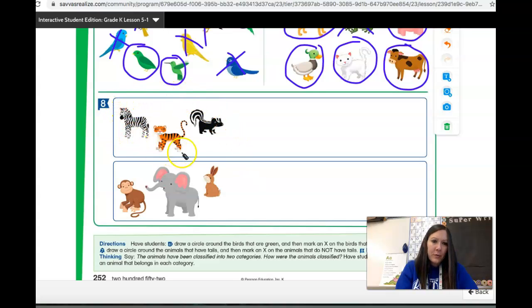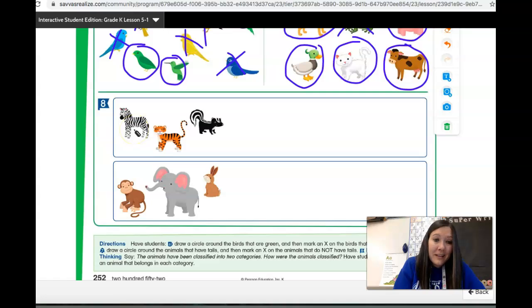What do these animals have that are the same? Remember, a category is a group of things that have something that is the same. Well, there's a couple things that are the same. These animals all have stripes. Do you know another animal that has stripes that you could draw? These animals also all have 4 legs.